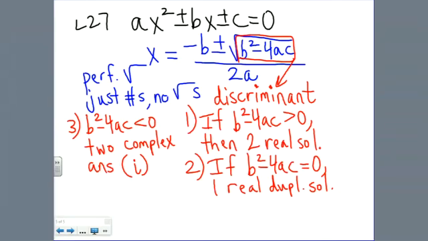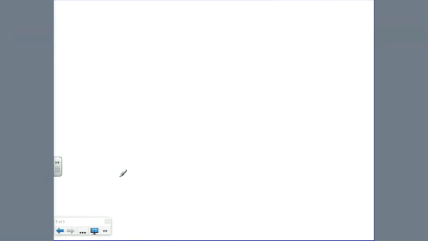Let's look at some examples. We're not solving just yet, but we're just using the discriminant to determine the types of solutions. First one, we have 8x squared minus 6x minus 5 equal to 0.